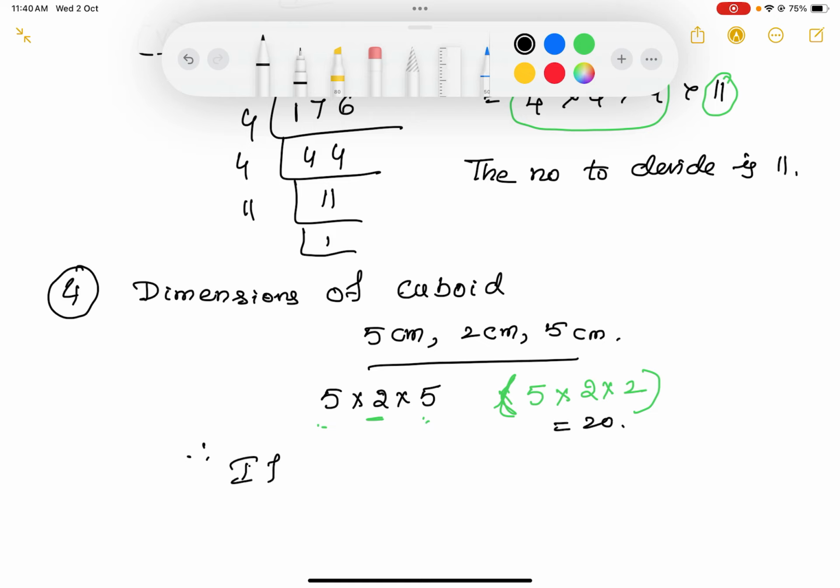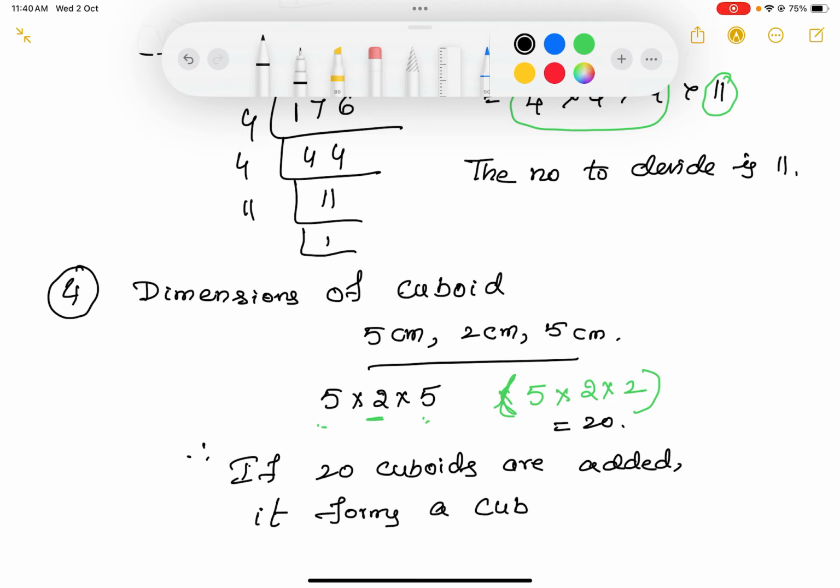So if 20 such cuboids are added, it forms a cube. So how many such cuboids are there to form a cube means you have to see how many more are needed to make it a perfect cube. So this is what you should do to complete the problems.